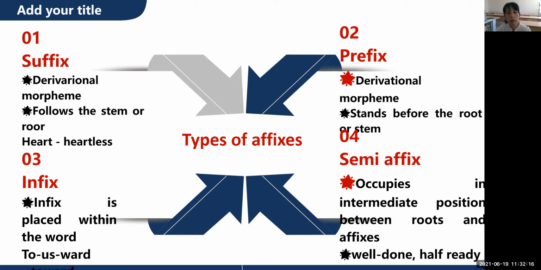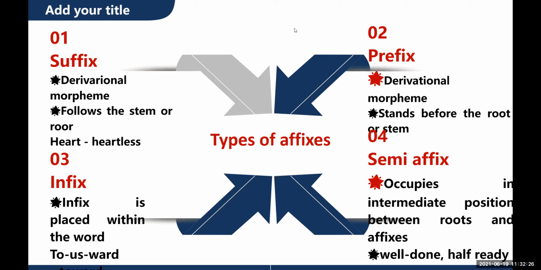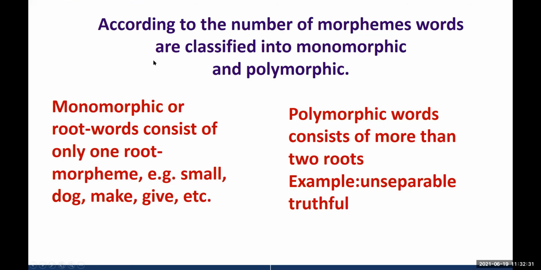Students, now let's take some words and analyze them from the semantic and structural points of view. Now the word unseparable. As I mentioned, this word consists of three morphemes, and this is a polymorphemic word.